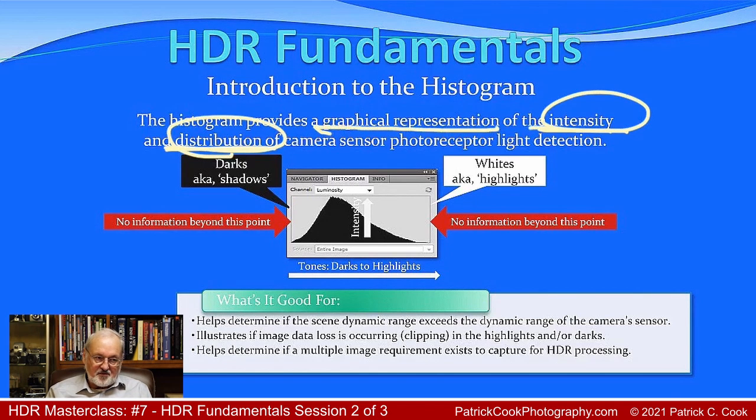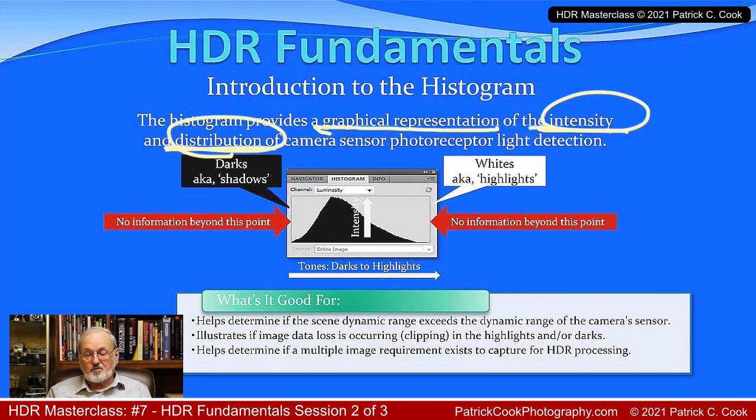And when you think about the histogram as simply being a graphical representation, then you get the sense that the histogram can be a very important tool for you to understand the light intensities that are falling on your sensor.